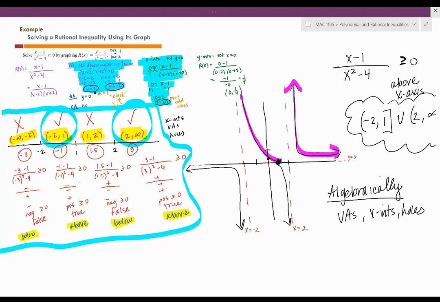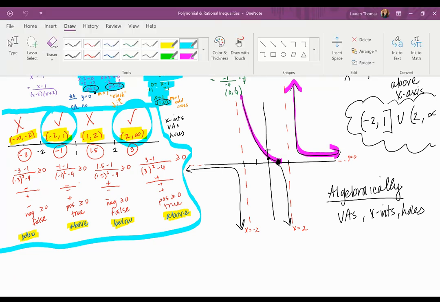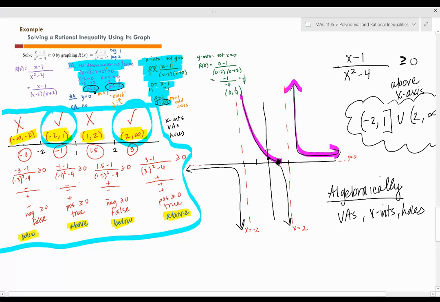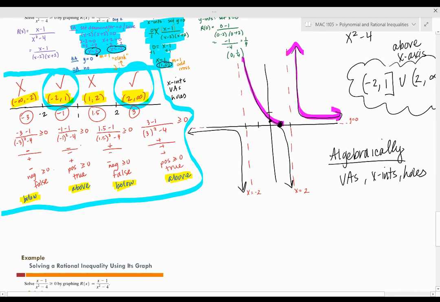So once I would have gotten this table and figured out what my intervals were, okay, from the table I knew that -2, 1 was an interval, and I also knew that 2, positive infinity was an answer, okay? And then I would have to assign parentheses and brackets accordingly, okay? So you have to pay attention to where these numbers came from, okay?